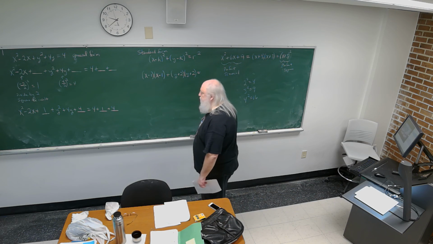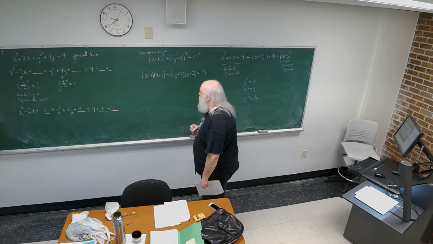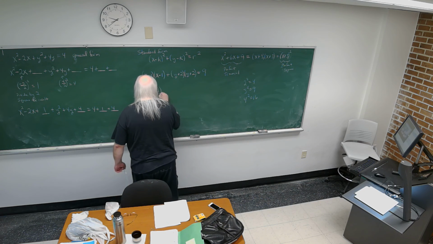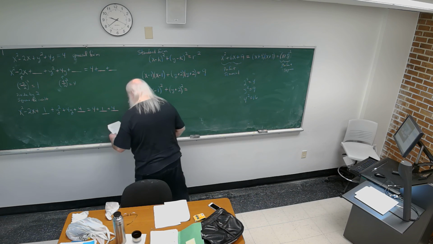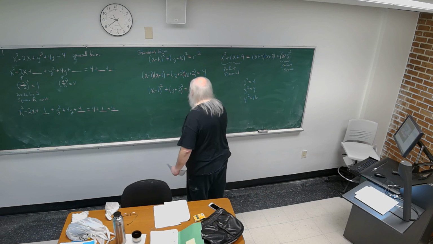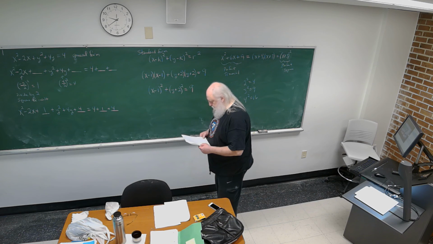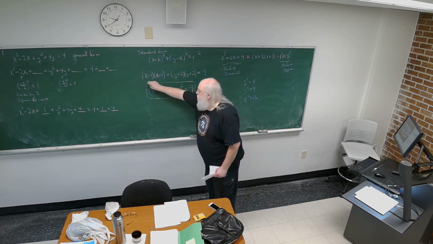On the right-hand side, 4 plus 1 plus 4 is 9. So we get x minus 1 squared plus y plus 2 squared, and r squared is equal to 9. So that's the equation of the circle in standard form.